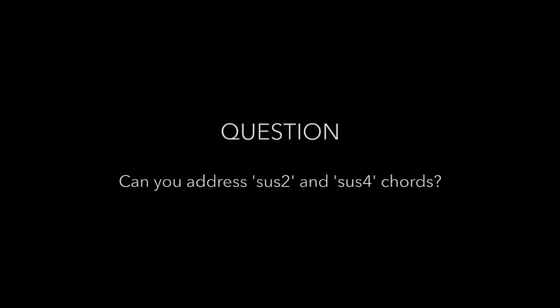A suspended 2 chord, we don't teach in the accompaniment 1 program, but I teach it a lot because it pops up a lot in music. It's a different type of suspended chord. And in that one, we move finger 3 down a whole step. A suspended chord does not have a 3 in it. So a C suspended 2 would be a C, a D, and a G. And that also wants to resolve to the 3. It kind of wants to lead up to the 3.